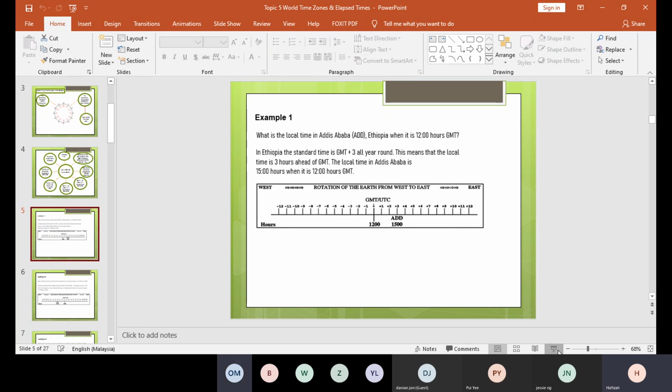Some students cannot see the shared screen. Yes, me too.